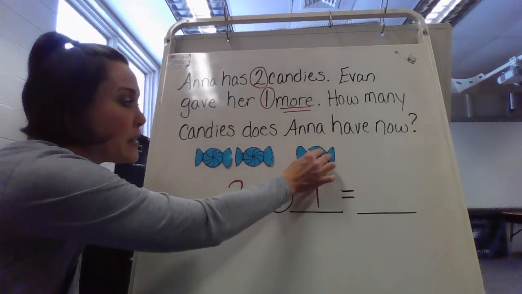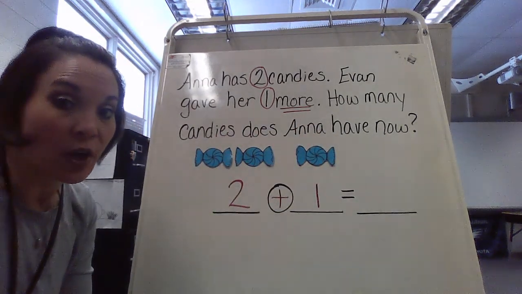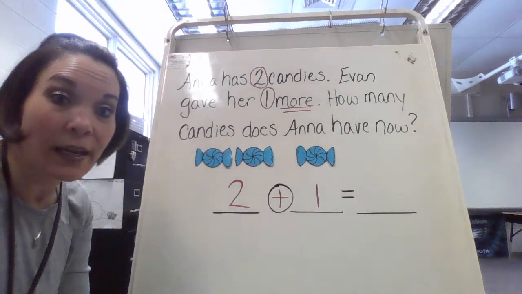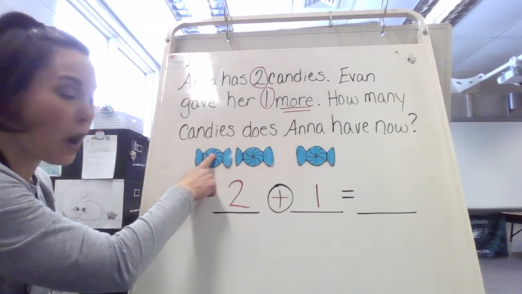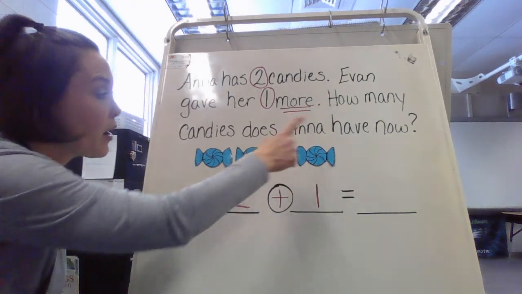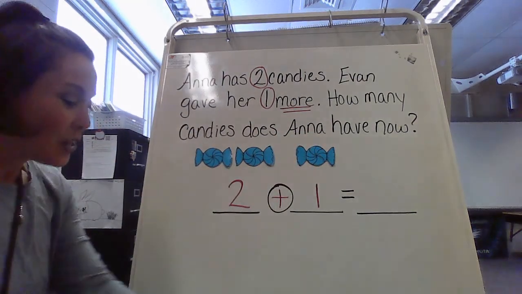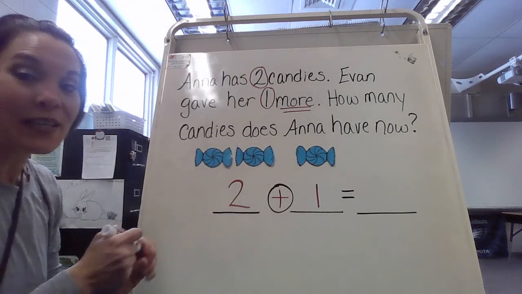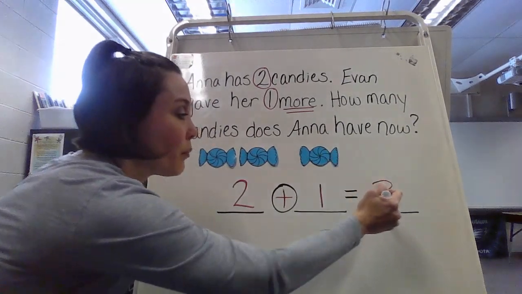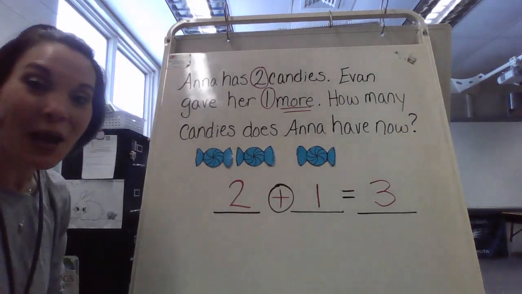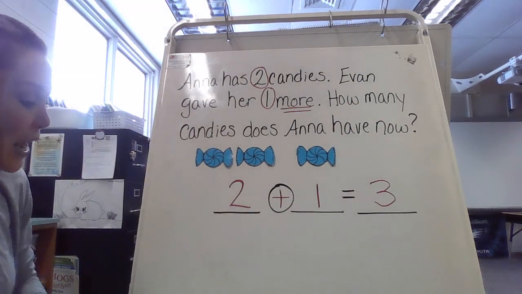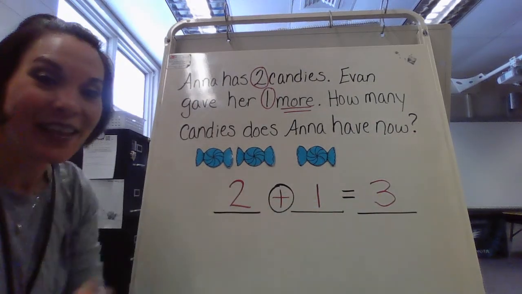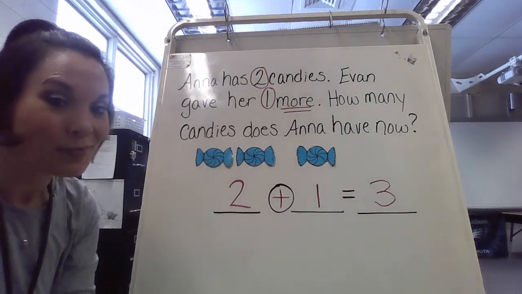Here's the 1 candy that Evan gave her. Now let's count them. 1, 2, 3. So if we add 2 plus 1, it's going to give us 3. There you go. How many candies does Anna have now? She has 3.